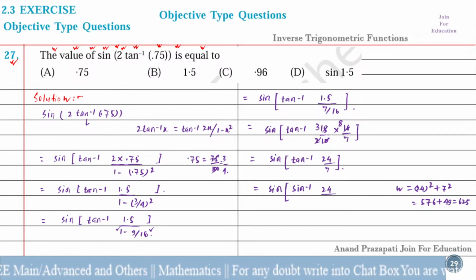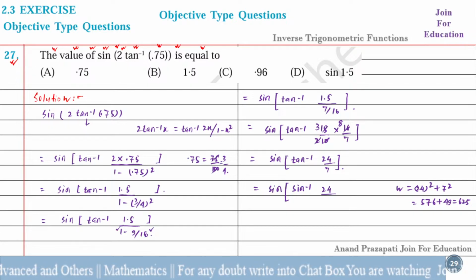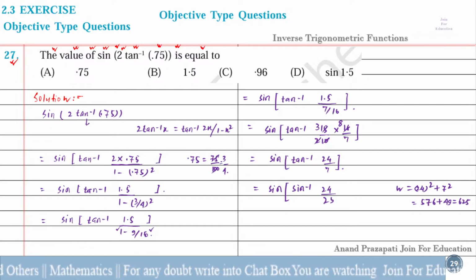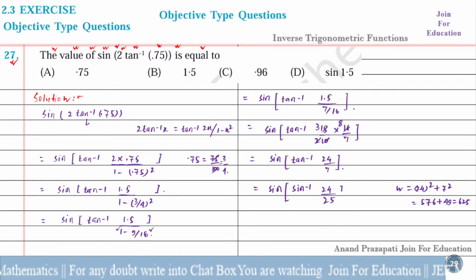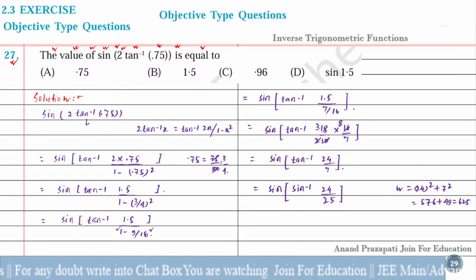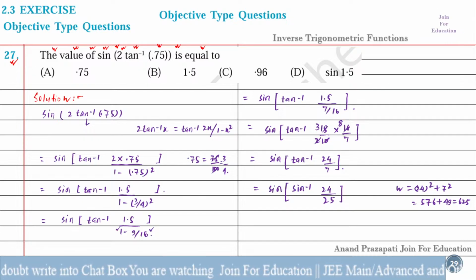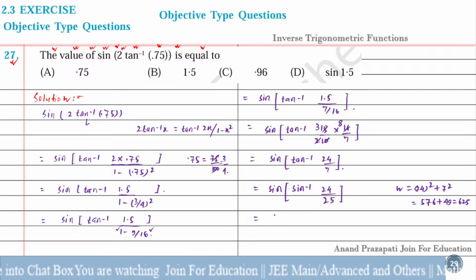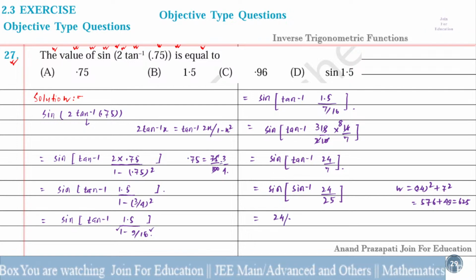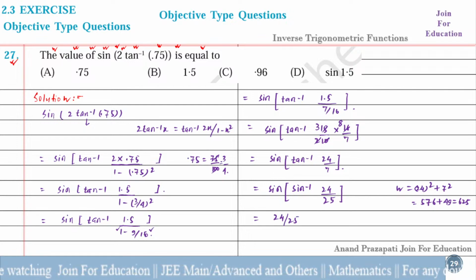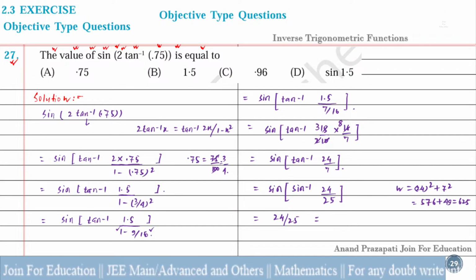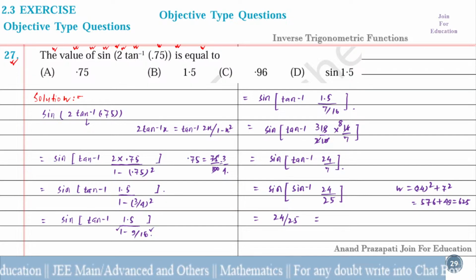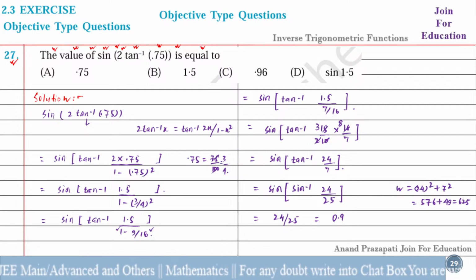Square root of 625 is 25. So we write down here sin inverse 24 by 25 equal to, this one will be 24 by 25 equal to 0.96.